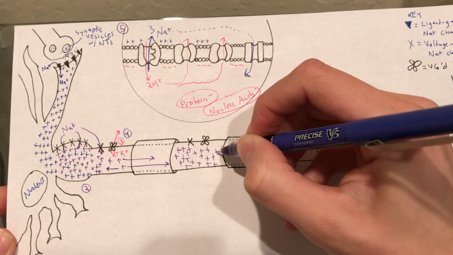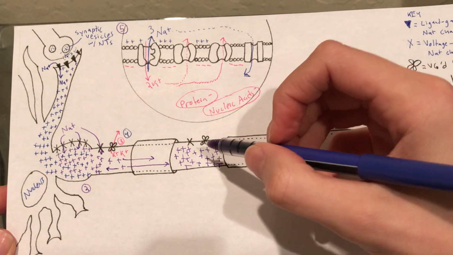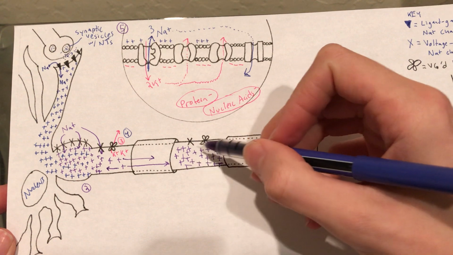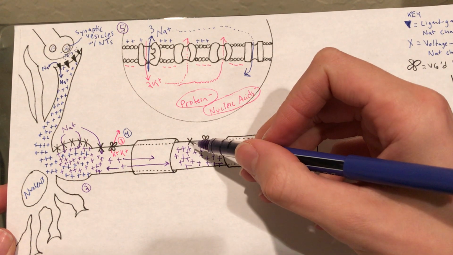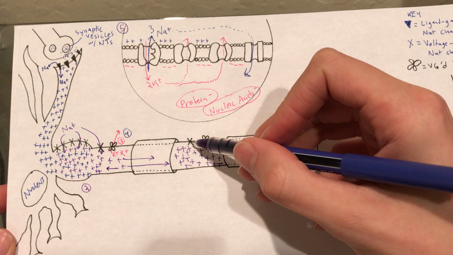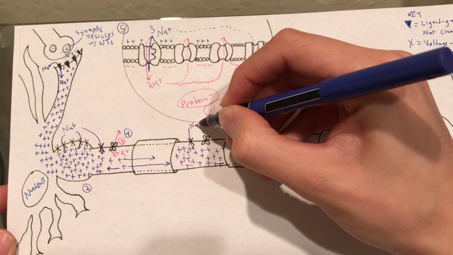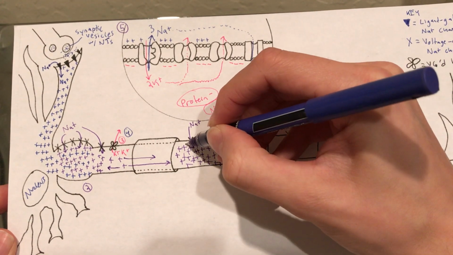And then, as you might be able to guess, all of that positive ion entering this section is going to activate the voltage-gated sodium channels, firstly, adding even more positive ions, right?